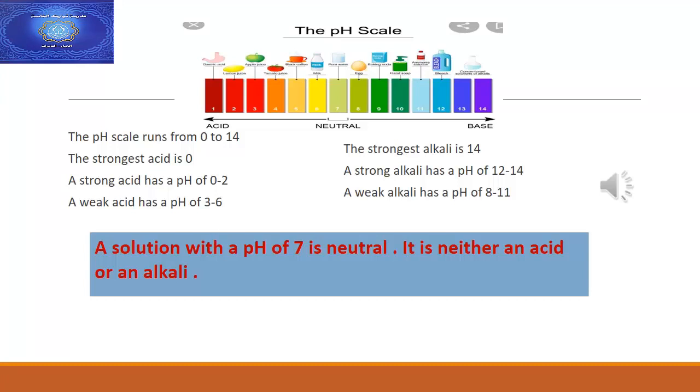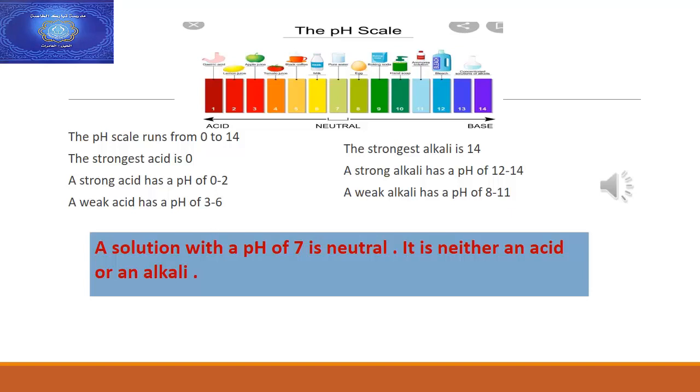Sometimes it shows 0 to 2. If the pH is from 0 to 2, the substance contains a strong acid. If it is from 12 to 14, the substance contains a strong alkali.